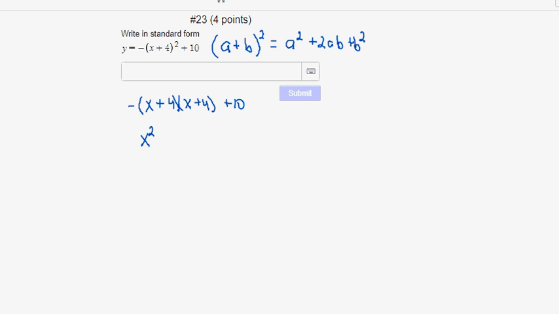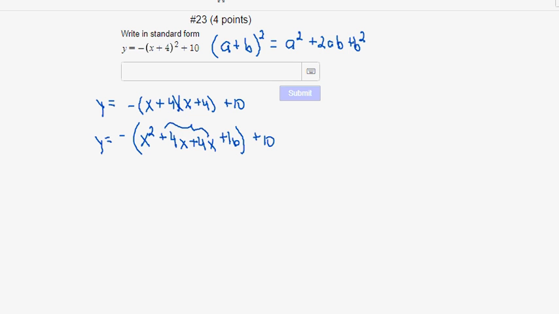All right, so that's x squared plus 4x plus 4x plus 16, taking the negative of all of that, plus 10. I'm going to go ahead and add my y equals. So here, this is our x squared.